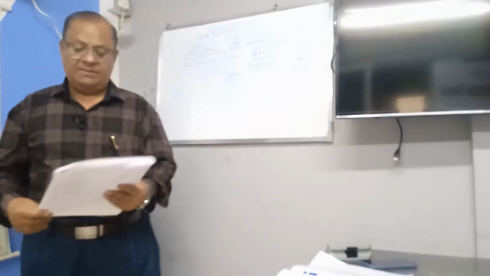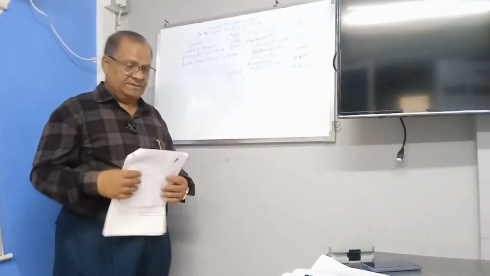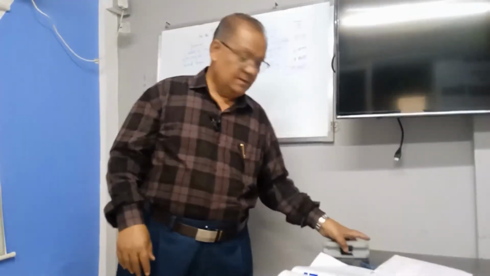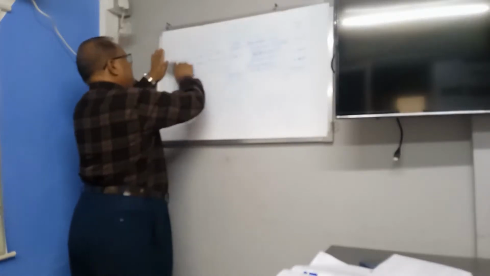First, what we have to prepare is a statement showing changes in working capital. You have to prepare this first. Now we'll prepare the statement showing changes in working capital.